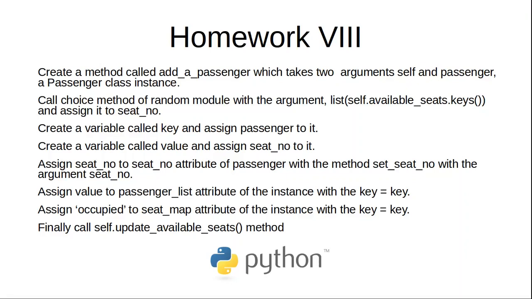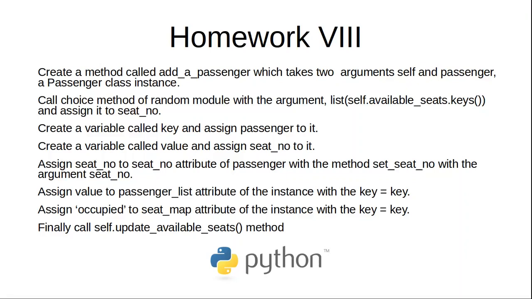Create a variable called key and assign passenger to it. Create a variable called value and assign seat number to it. Assign seat number to seatNumber attribute of passenger with the method setSeatNumber with the argument seat number.